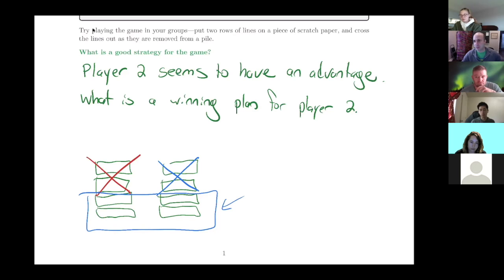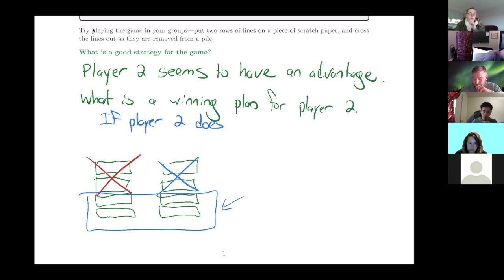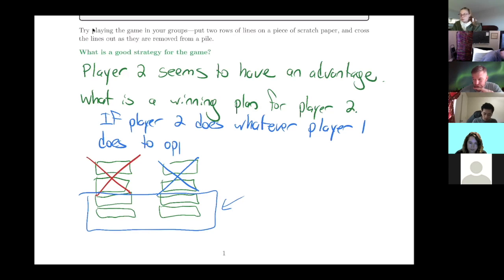Any other comments that came up that you want to share? Yeah, and so it seems like if player 2 does whatever player 1 does in the opposite pile, then they're going to win.